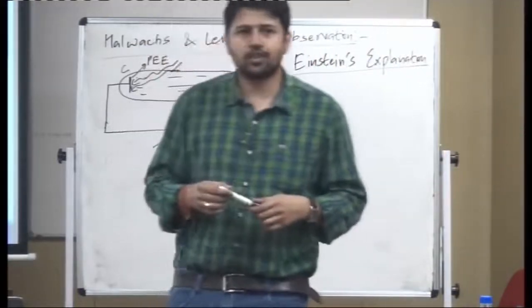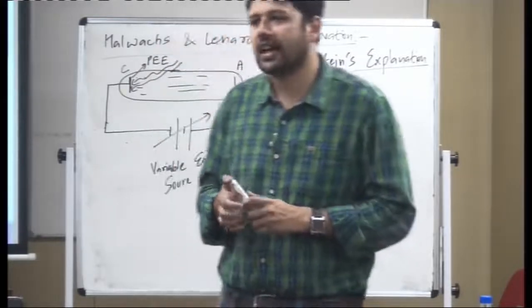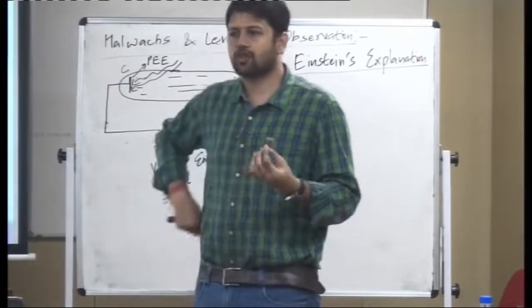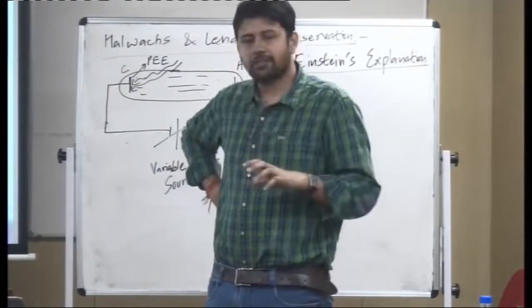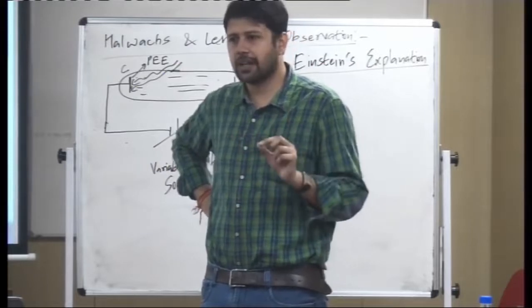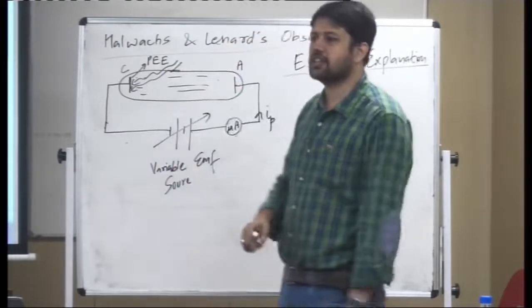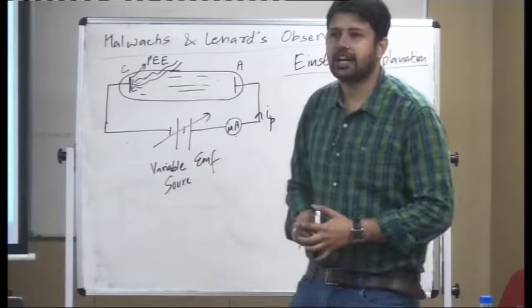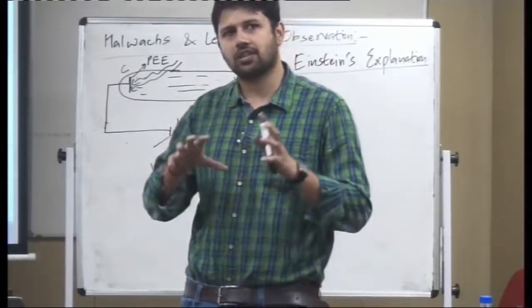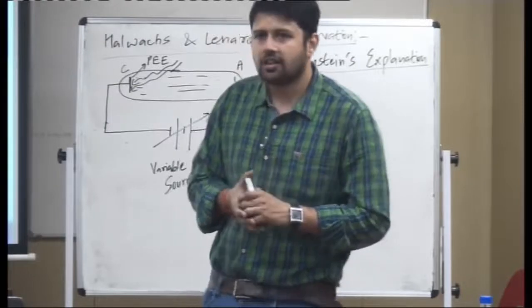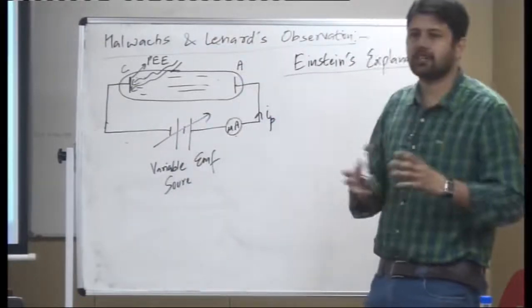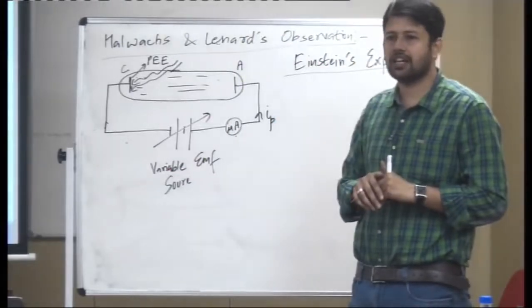What Einstein assumed was that light incident on the metal is actually in the form of photons. Light has a dual nature. It can behave as a wave as well as a packet. The wave nature comes into the picture when you are interacting with larger obstacles, while the particle nature comes into the picture when you are dealing with electrons.